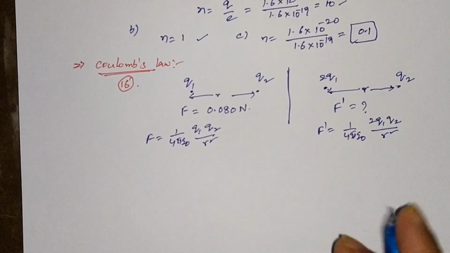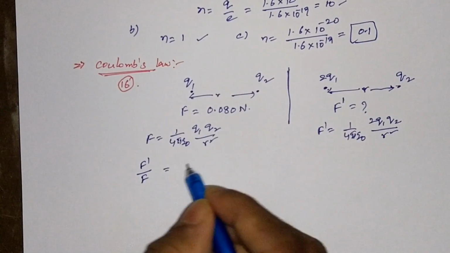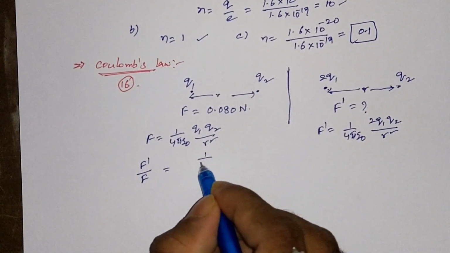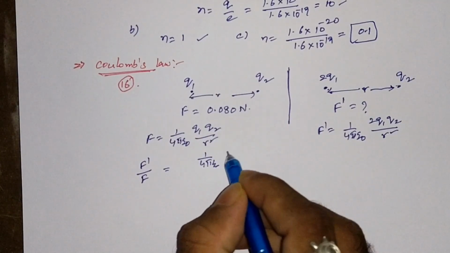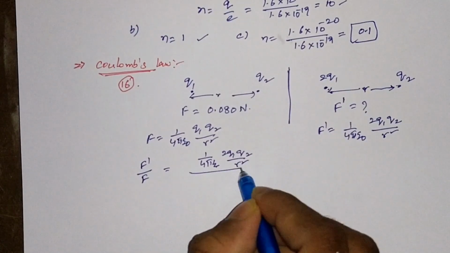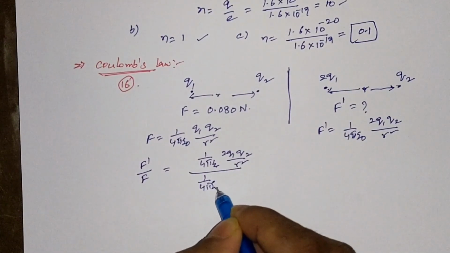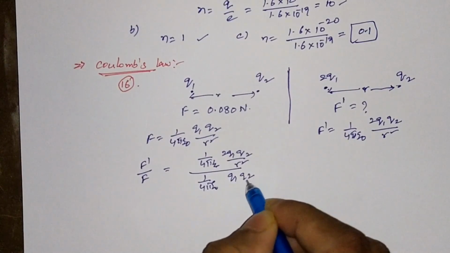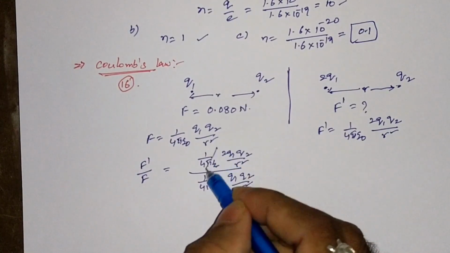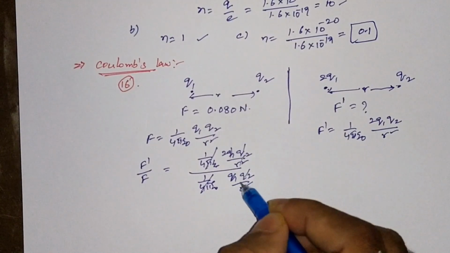Now I am dividing F dash by F. That is 1 by 4 pi epsilon naught 2 Q1 Q2 by R square, divided by 1 by 4 pi epsilon naught Q1 Q2 by R square. Here these get cancelled: Q1, Q2, R square.